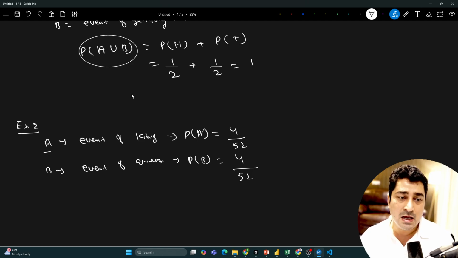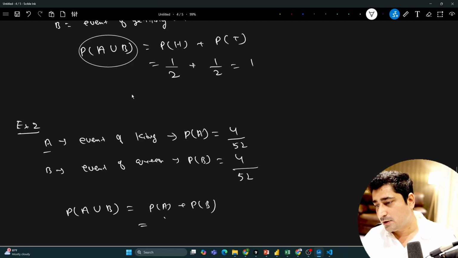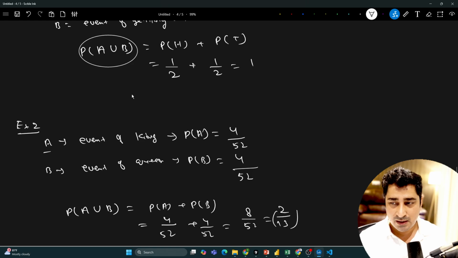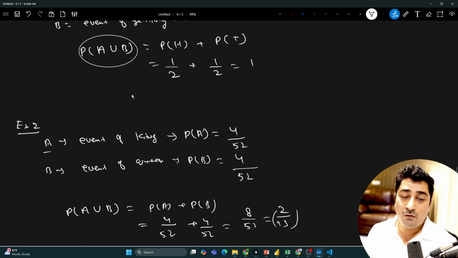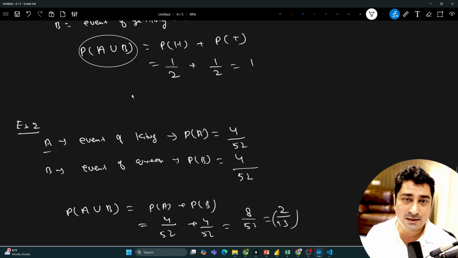Now if I have to find the combined probability for these events, it is going to be probability of A plus probability of B. So it's 4 by 52 plus 4 by 52, which is 8 by 52, eventually 2 by 13. So here I'm able to find the combined probability for the event of king and the event of queen, which are completely disjoint events.